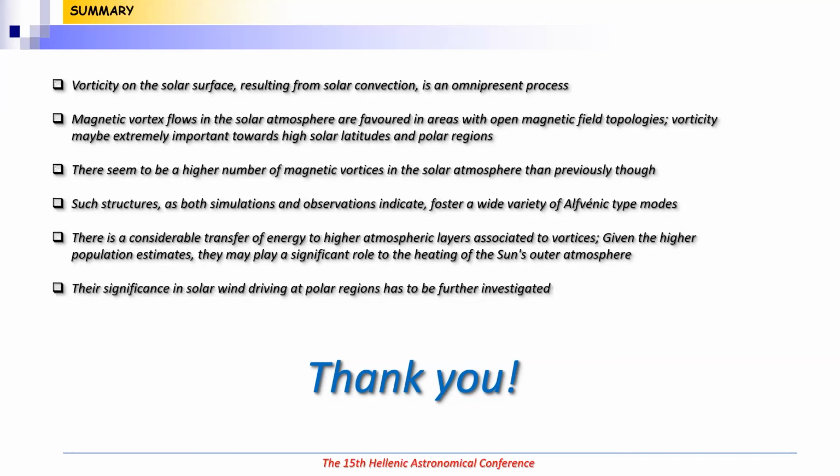As I have already indicated, there seem to be a higher number of magnetic vortices in the solar chromosphere and atmosphere than previously thought. Such structures foster a wide variety of Alfvénic type modes, and there seems to be a considerable transfer of energy higher up.